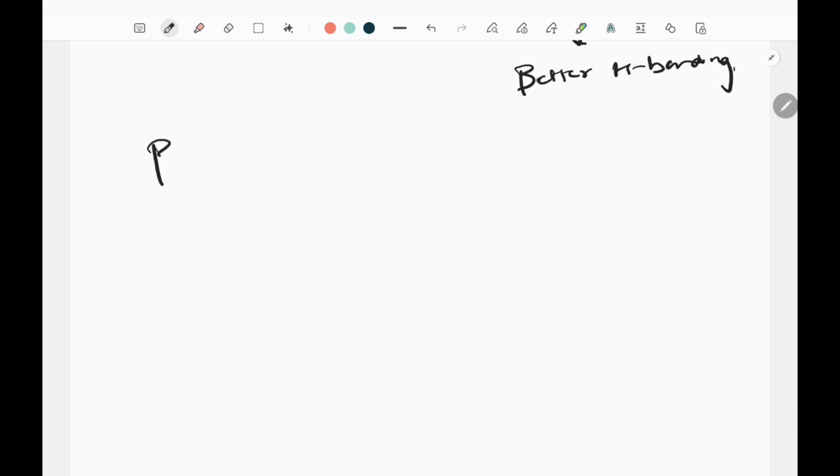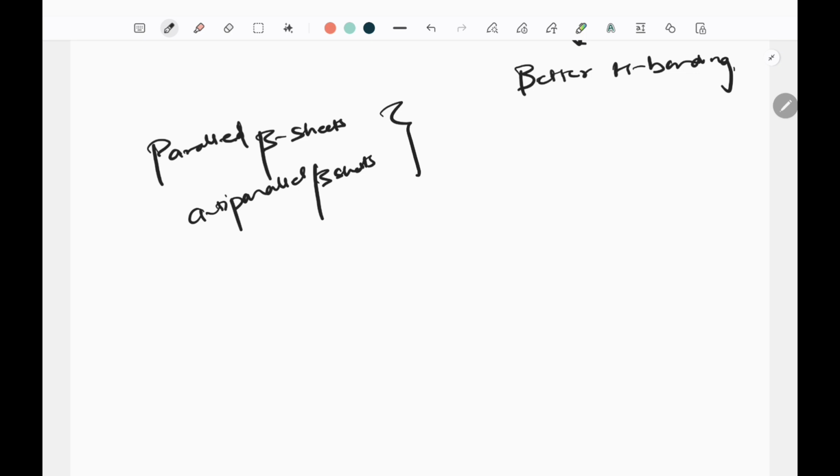So there are parallel beta sheets, and then there are anti-parallel beta sheets. These are small questions that might come during your MSQ preparation. Nobody is going to ask you the exact structure of the beta sheets.